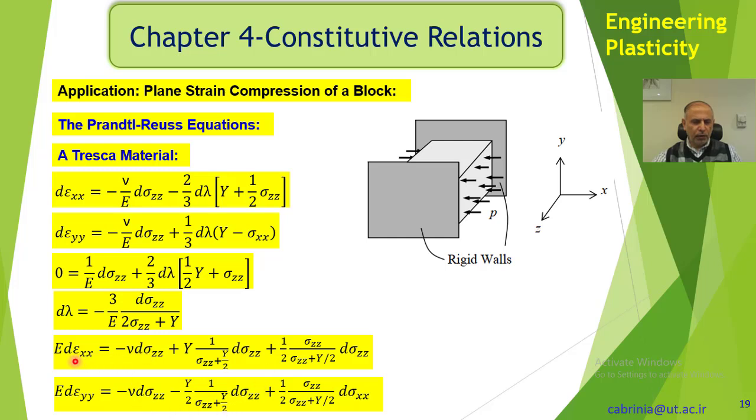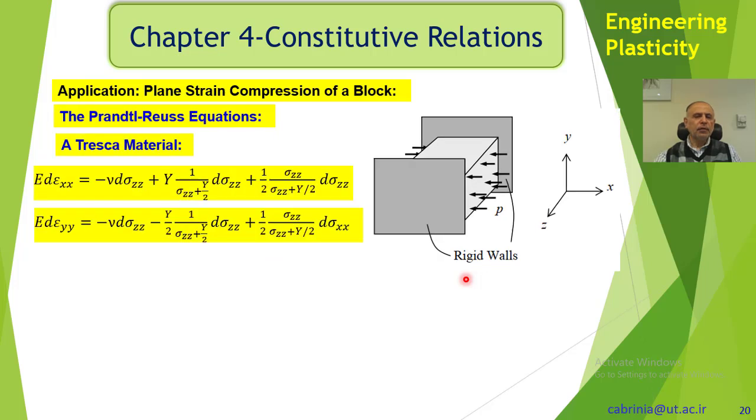If you look at it carefully, we have here epsilon xx, epsilon yy, and d sigma zz. So everything is in terms of sigma zz. Other things are known. So we have these two equations which we can integrate.